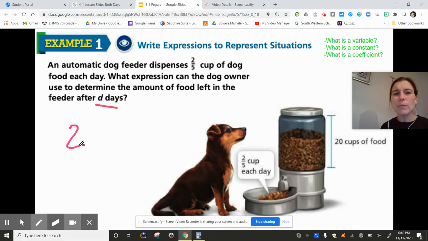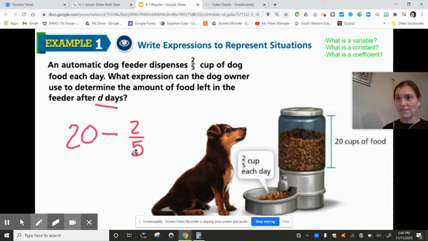I know I'm starting with 20 cups of food at the beginning. The food is coming out, so I'm subtracting it. How much am I subtracting? I'm subtracting 2/5 of a cup. Well, if that's all I did, then 20 minus 2/5 would be 19 3/5. But that would only be after the first day.